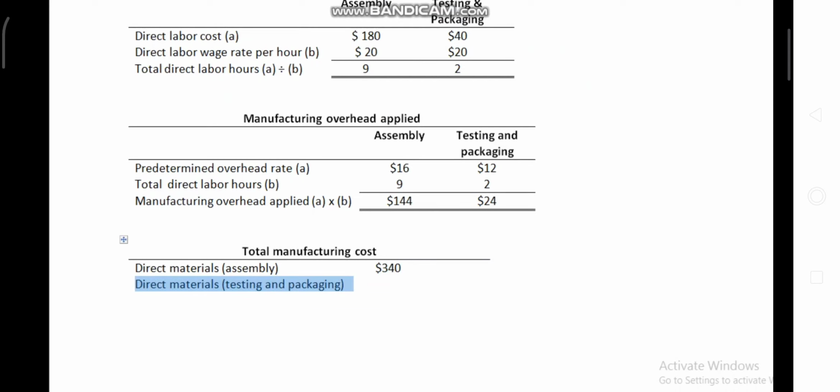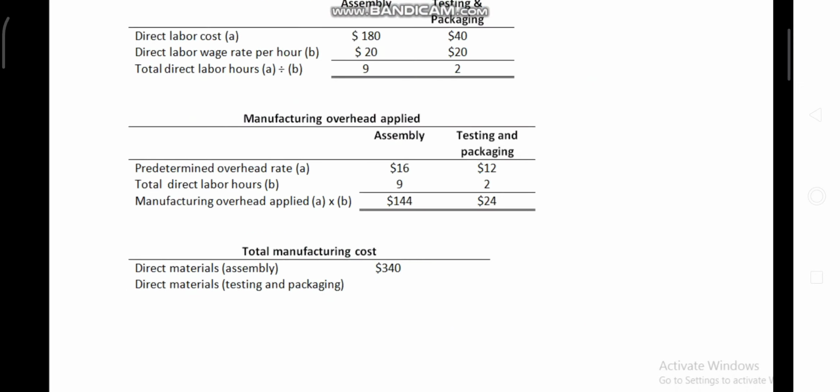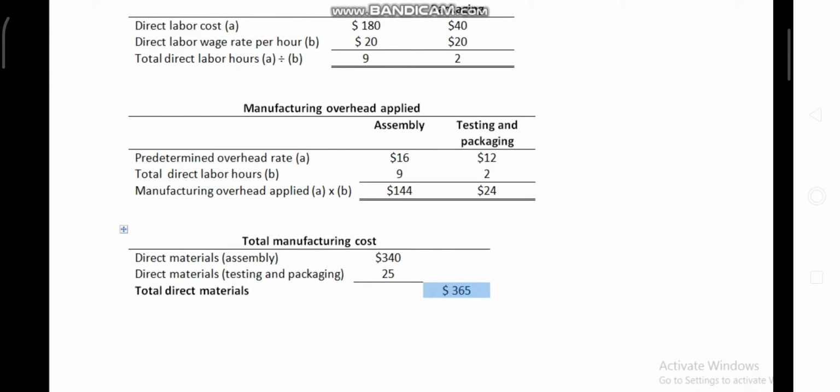Direct materials for testing and packaging department is $25. We add these two, we get total direct materials, that is $365.